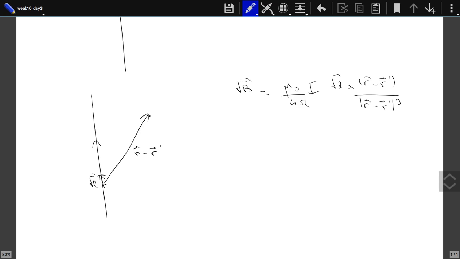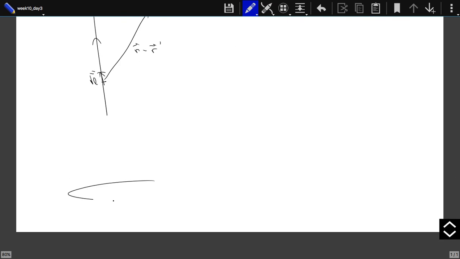This vector cross product with this vector. What is the direction of that vector? Into the screen. You see, it is into the screen whether dl is over here or over here or over here. It doesn't really matter. All the contributions from all the segments are always in the same direction. Now, in this case, when you are summing the vectors, you basically need to sum the amplitudes. So in this example, since all the contributions are always pointing in exactly the same direction, you can only consider the amplitudes. But we also consider this example.